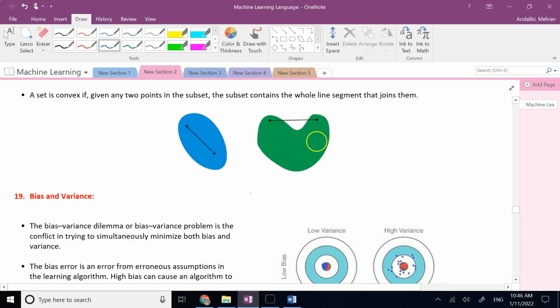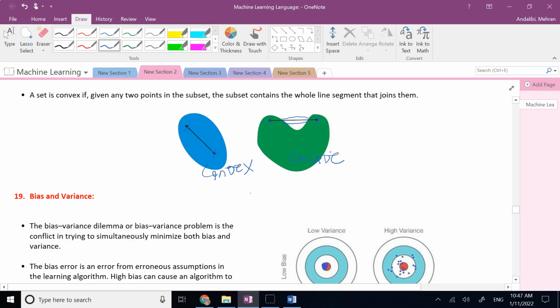You see here, this set is concave, so the line connecting these 2 points has a portion of it outside the set. Even if you find one such line, any portion of which is outside the set, for 2 points belonging to the set, that set is a concave set. And this is a convex set, the other one is not convex.